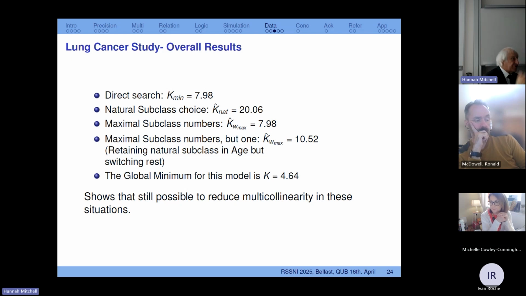What we do is we have a Monte Carlo algorithm that searches that space, and we do that for these data. The absolute minimum is 4.64, but we can't observe that. We can't make use of that because no data have been observed. That's just a theoretical quantity that can be calculated from a table with that structure.